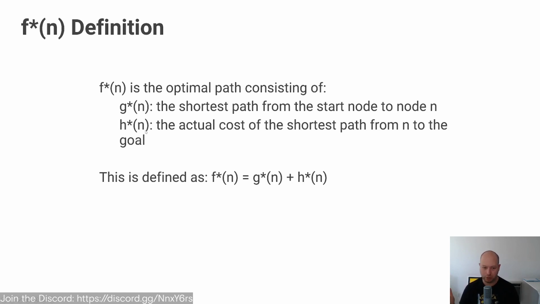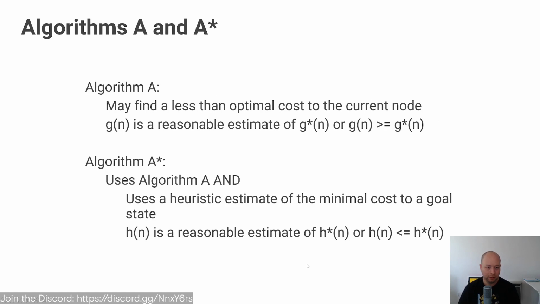So we're always estimating f of n, and as you get closer to the goal, and when you finally arrive, you converge to f star of n from your starting location. So, just an explanation here, and I apologize for the confusion.